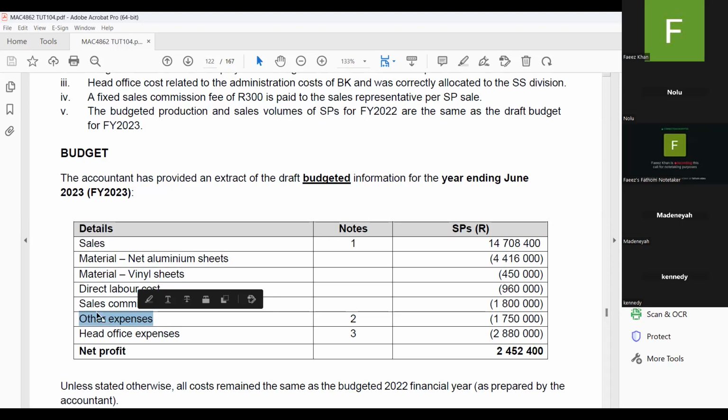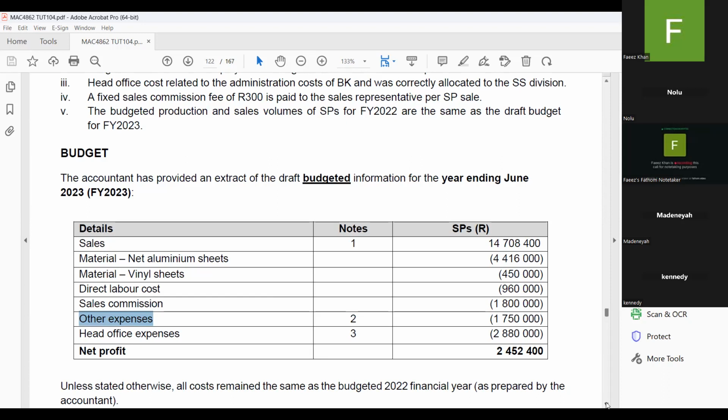So basically the accountant omitted other expenses, which we needed to include, but we needed to split the other expenses between vinyl ink, nuts and bolts, and fixed manufacturing overheads. Okay, so just take note of that. So that was basically the recap that we needed to do. Part A was to go through the accountant's cost card and comment, discuss the issues, critically discuss the problems.